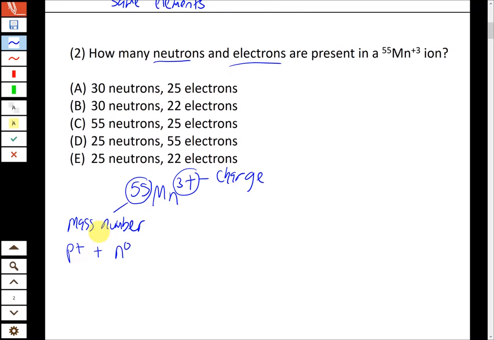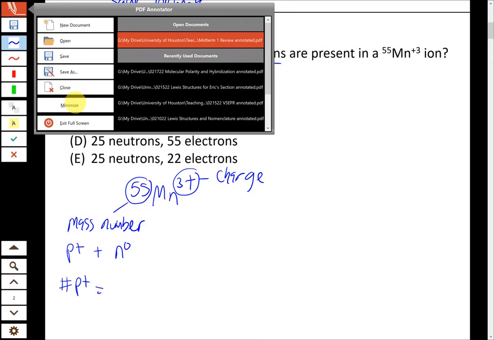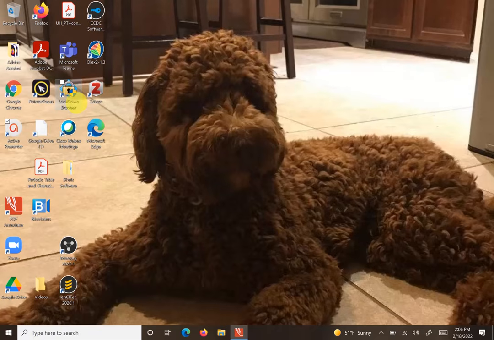In this case, the atomic number, which gives you the number of protons, is not directly provided in the atomic symbol. So what we're going to do to find the number of protons is to go to the periodic table, find the atomic symbol Mn, and then figure out its atomic number from the periodic table. So this is the first use of the periodic table that we had.